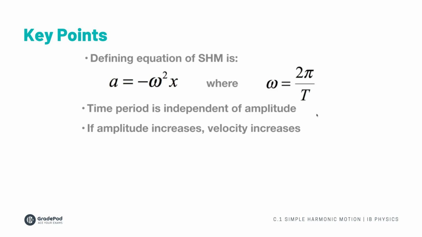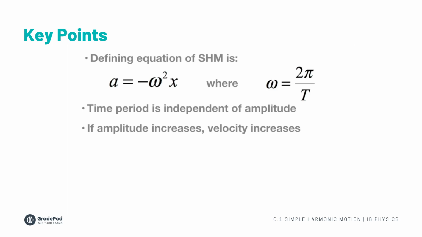So the time period doesn't change if you change the amplitude. But a consequence of that is, if you change the amplitude and the time period stays the same, then the velocity of the object must increase. And these two concepts are examined quite regularly in the exam papers, usually in the multiple choice questions.